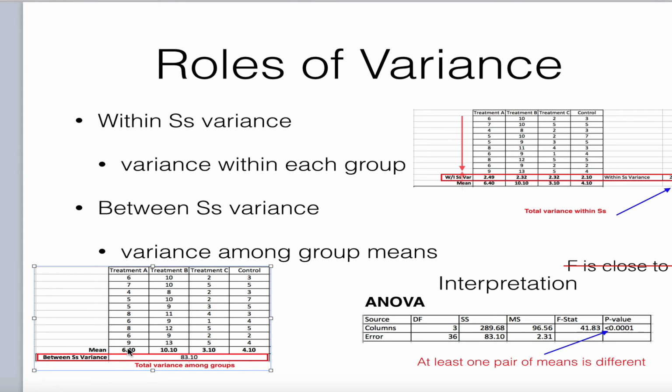We're also, at least StatCrunch is going to calculate the total variance, and the way that you do that is to compute the grand mean, that is taking all, I believe there are 10 data points per group, so you have 40 pieces of data.